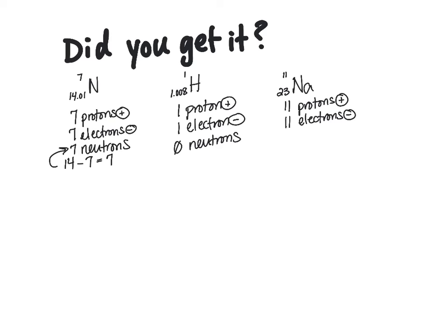But it's got 12 neutrons, and we get that number by taking the atomic mass number and subtracting the atomic number to get 12 neutrons.